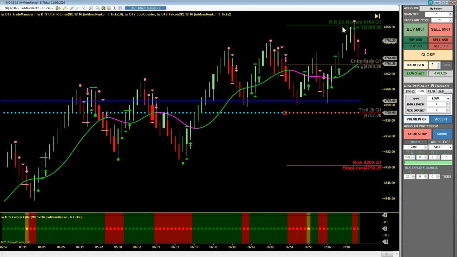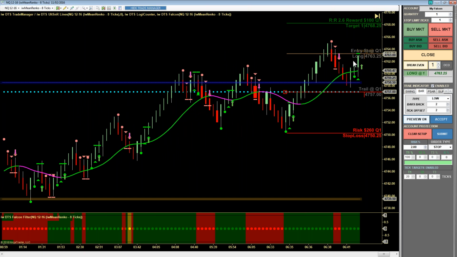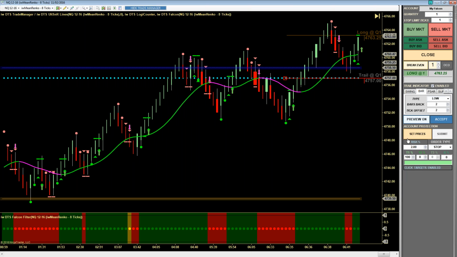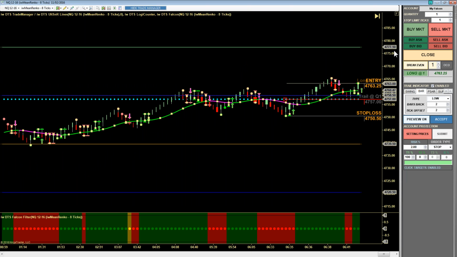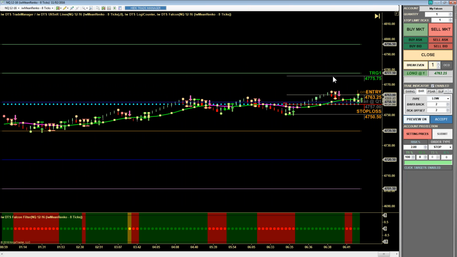Now, if I set up the trade like this initially, and this is not a big risk trade, really, $260 for this little itty-bitty swing. That's not that big of a trade. But if I set up my trade like that, and now I need 3 times that. So there's 1, 2, 3.